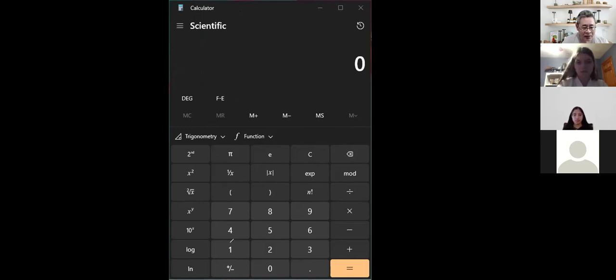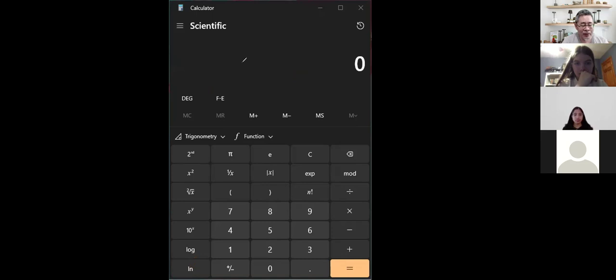You can see that there is log here. That is log base 10. And we have here ln, that is log base e. So if you ever wonder what those are, the 2 logs, common log and natural log.